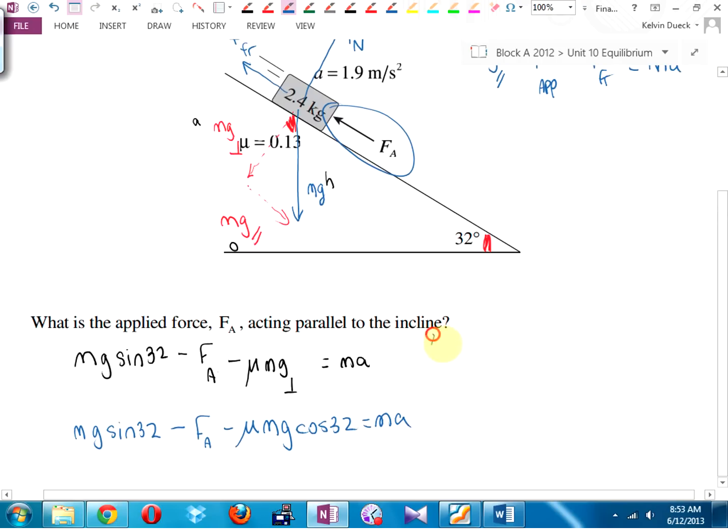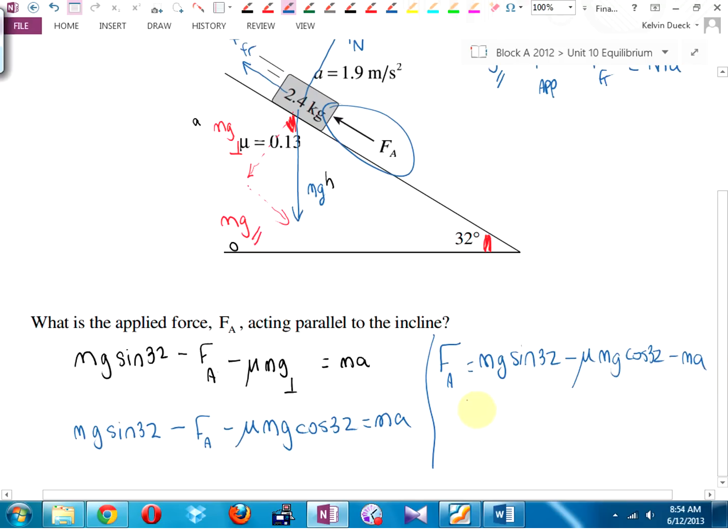Let's work side by side. Let's get the FA by itself. I could add FA to the right-hand side and subtract ma from the left-hand side at the same time. We'll end up with this: the applied force is mg sine 32 minus mu mg cos 32 minus ma.